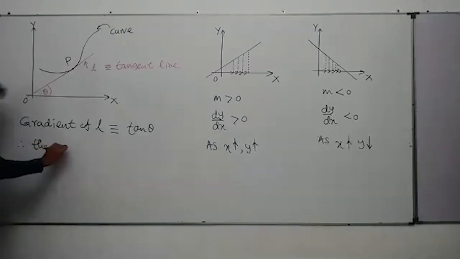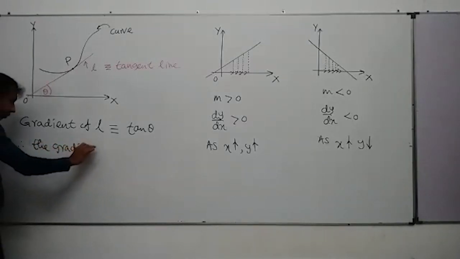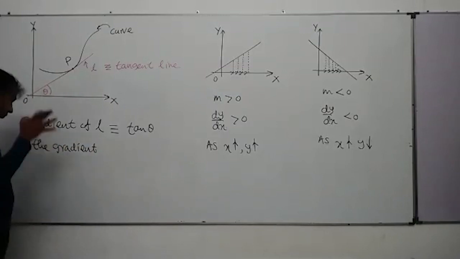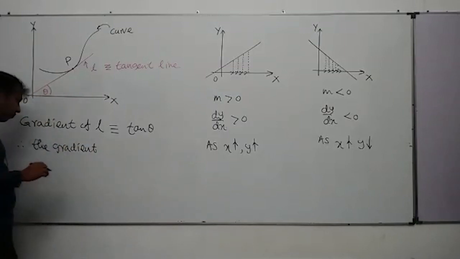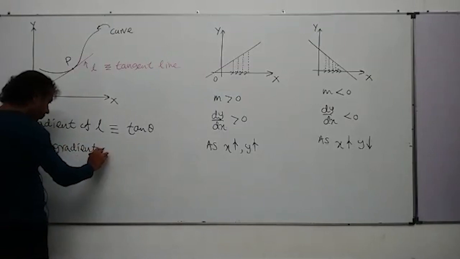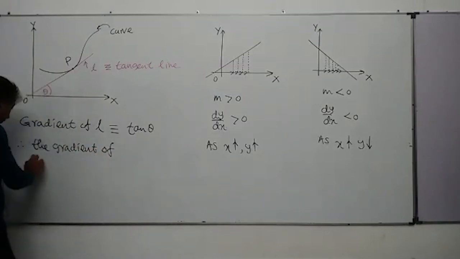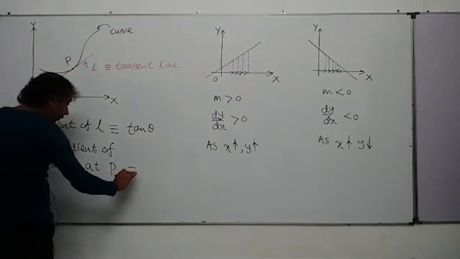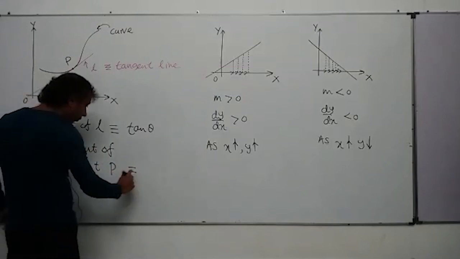Therefore, the gradient of the curve at P equals tan theta.